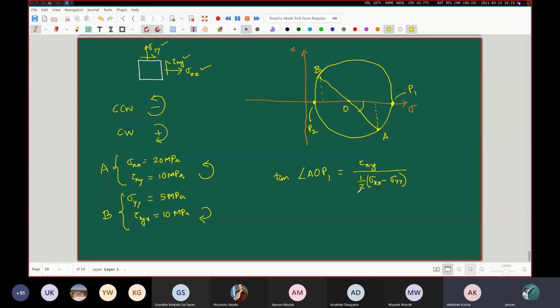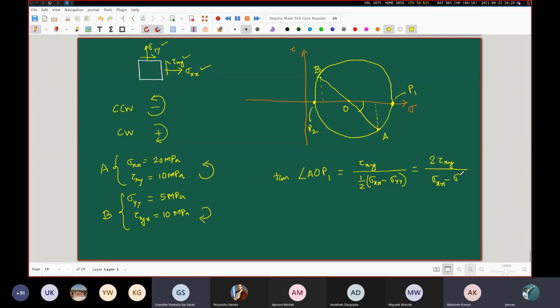Now you check what is this angle with the previous things that we have. Can you just go back to your notes or maybe whatever you have? Can you check what is this thing? So tan of 2 theta p. Yes. The principal angle. Yes, yes.